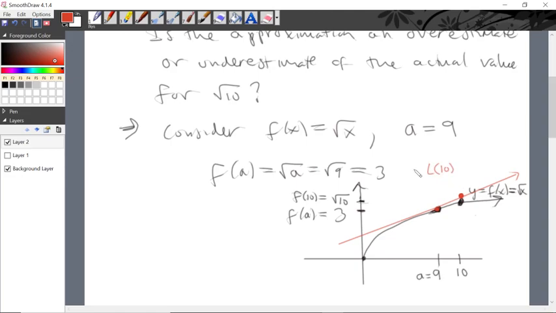That's the y value right there when the input is 10. So here are the coordinates for that point. The difference between these two values is going to be the error.